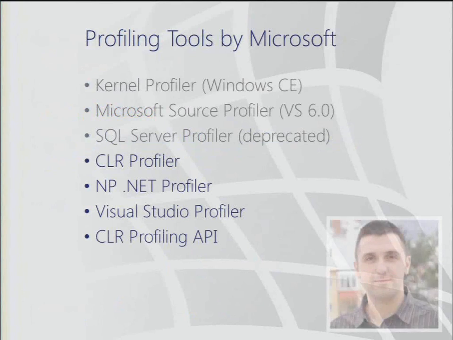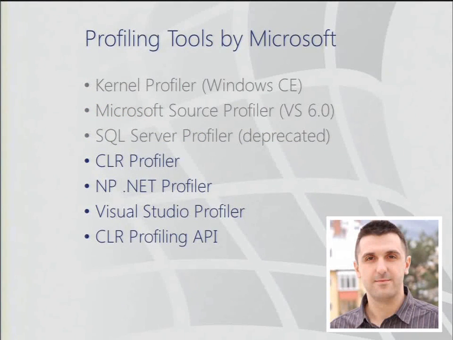Here are some of the profiling tools, and these are the product-specific profiling tools, as I told you. We have the kernel profiler for Windows CE, Microsoft Source Profiler, which is no longer implemented because it was for Visual Studio 6.0. We have the SQL Server Profiler, which is now outdated and is going to be replaced with something else.